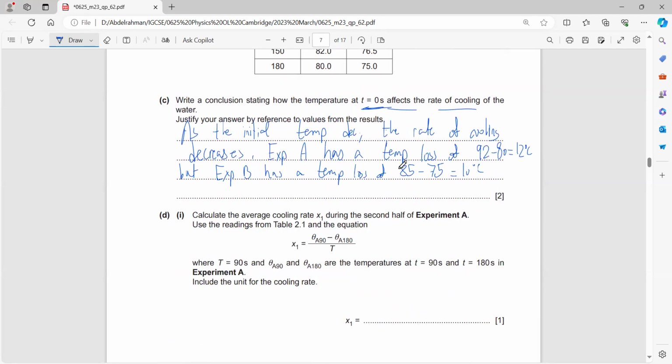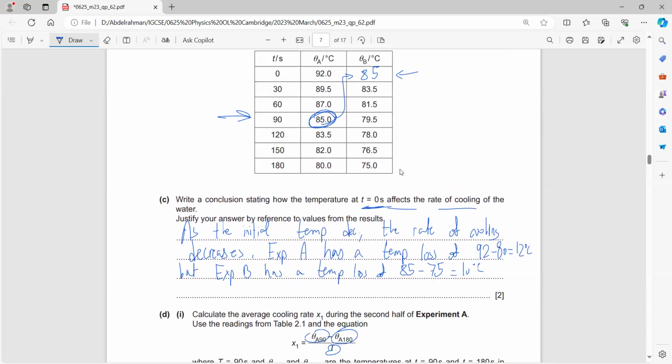Calculate the average cooling rate during the second half of experiment A. During the second half of experiment A, theta A 90 minus theta A 180 over T, in which T is 90 seconds. Theta A 90 is 85, theta A 180 is 80.